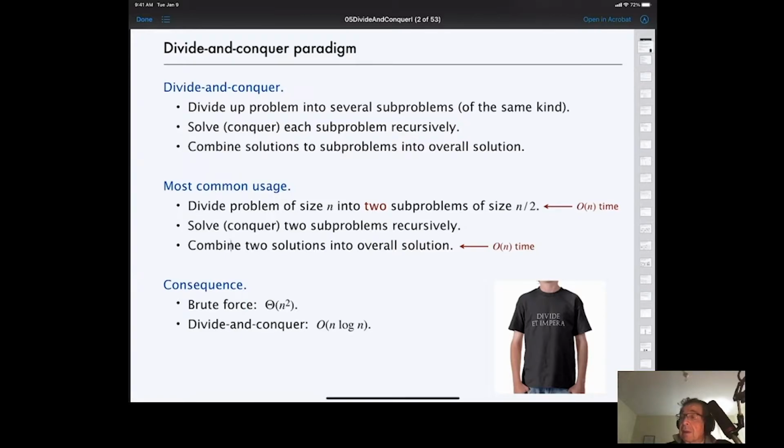So remember that generally we have a brute force solution, which is theta of n squared. Like, if we are sorting a file, the brute force solution would be just compare each element to every other element, and that takes obviously n squared.